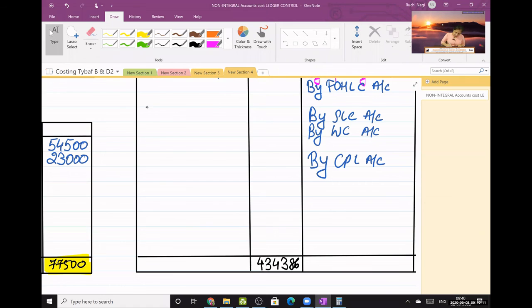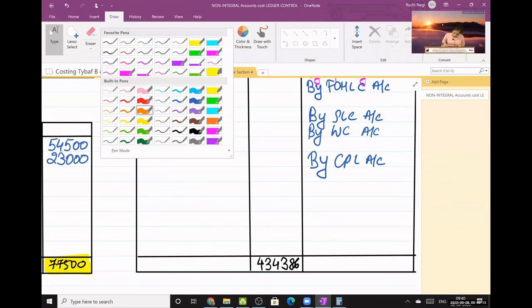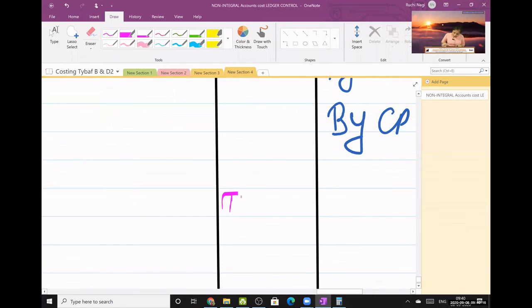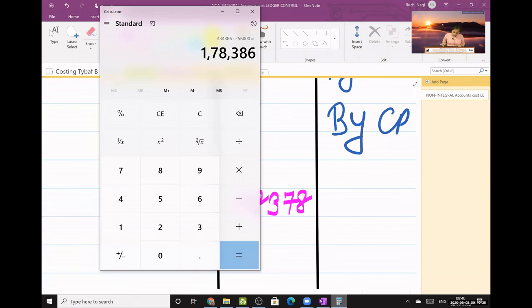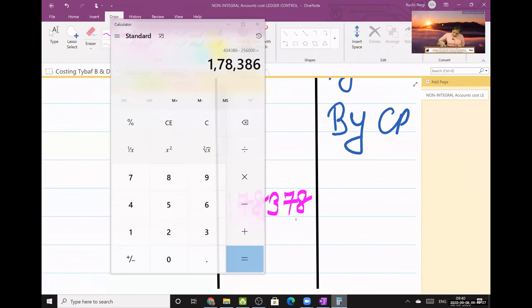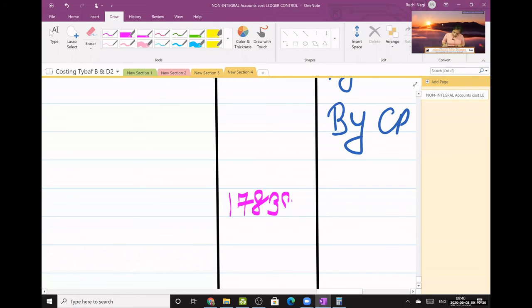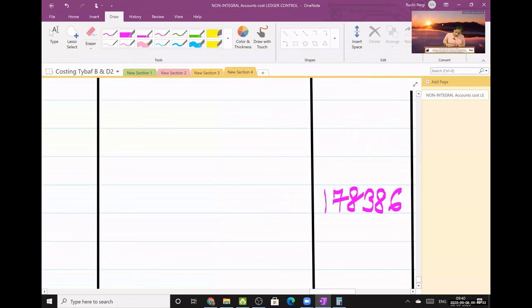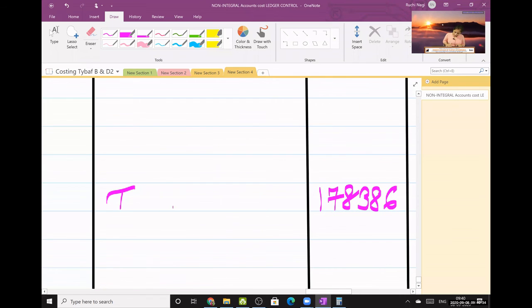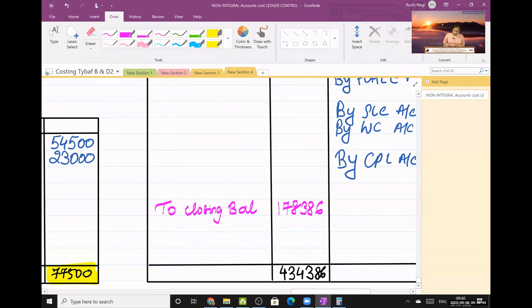So right here, 1,78,386. Let me check. 1,78,386. Sorry, 86. So this is my closing balance. Take it in the trial balance and your trial balance obviously should tally here.